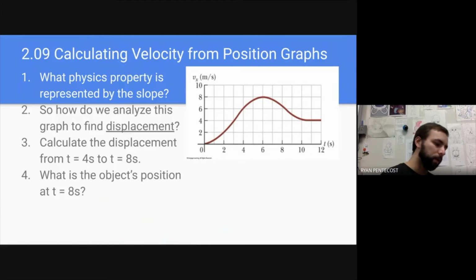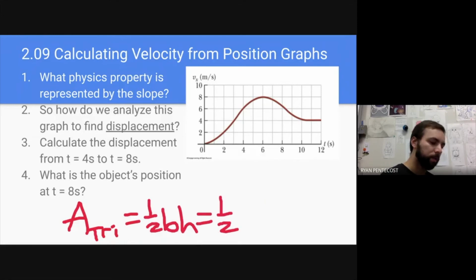So the area of a triangle is 1/2 base times height. So we'll take 1/2. The base of that triangle is 4. The height of that triangle is 6.